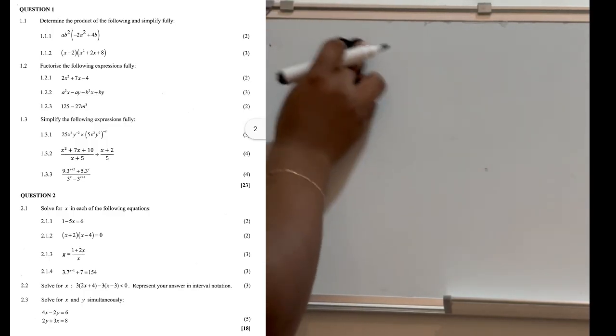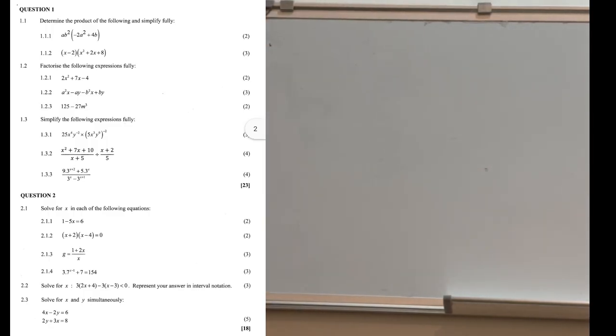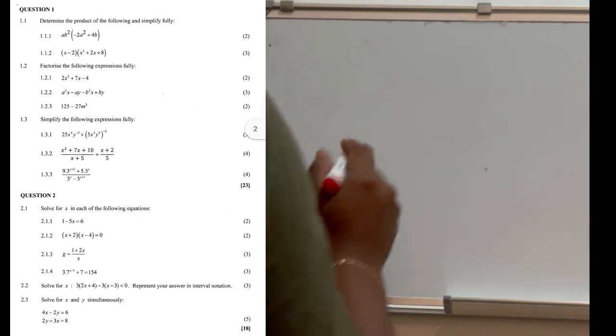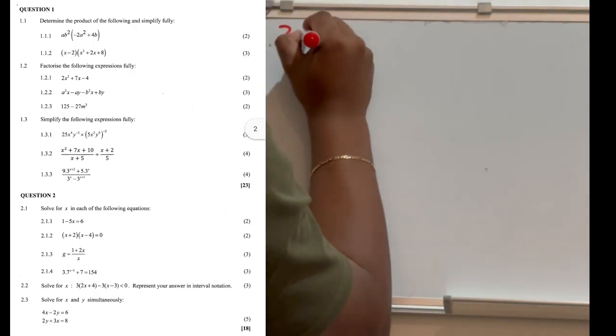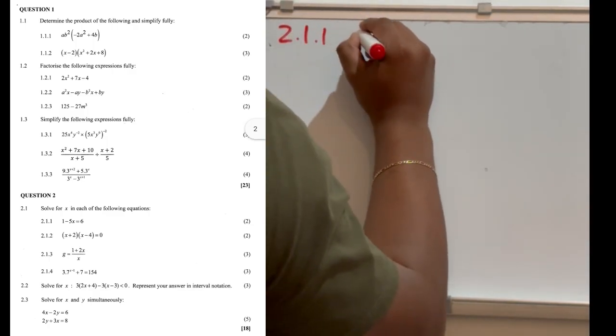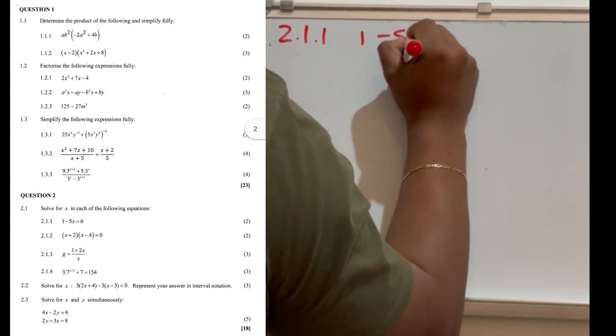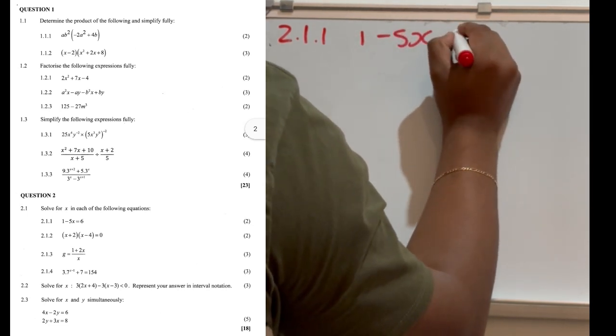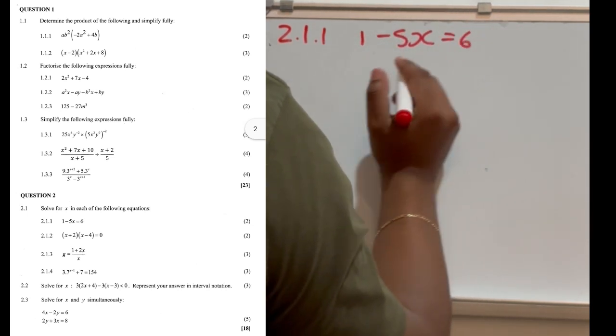Okay, so now we're going to go over to question 2. What does question 2 tell us? Solve for x. 2.1.1. 1 minus 5x equal to 6.